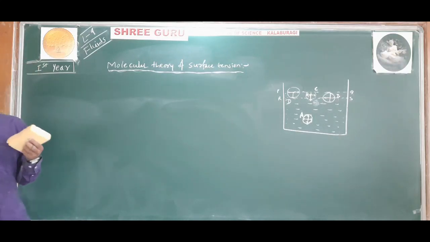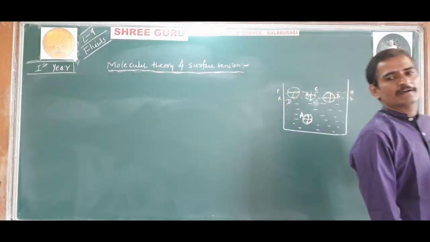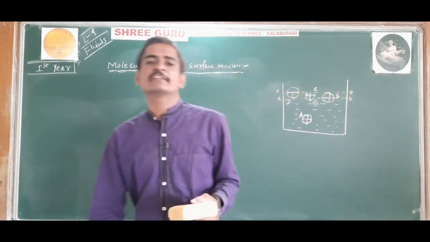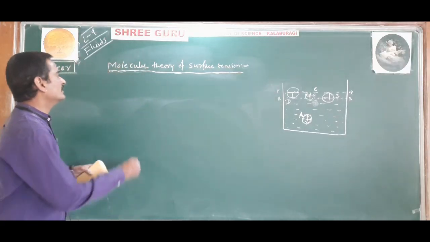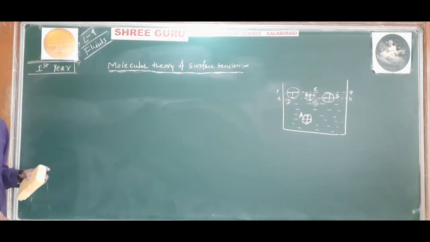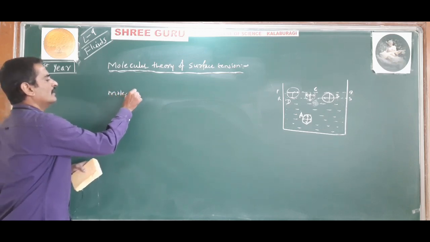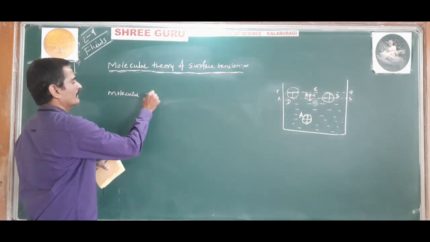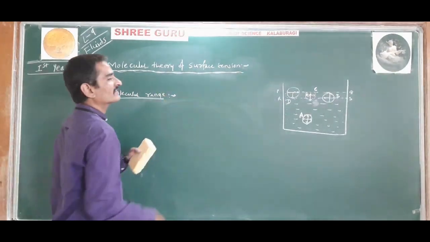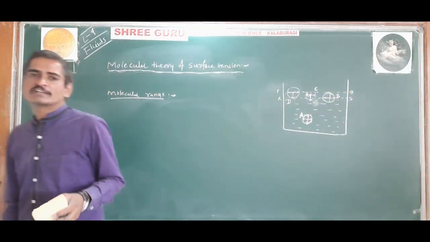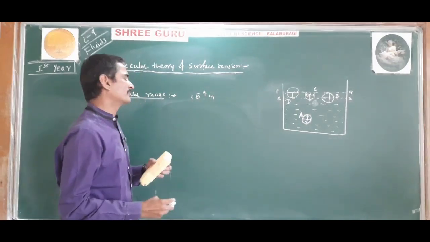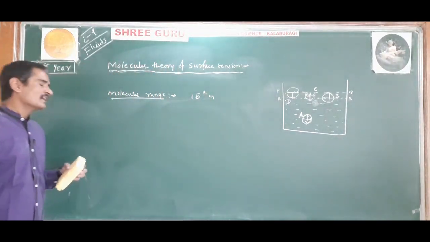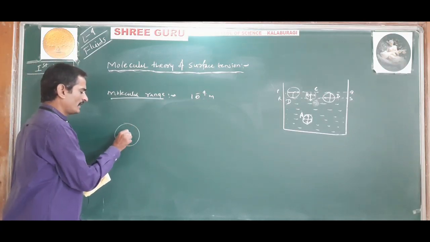The maximum distance up to which the force of attraction between two molecules is appreciable is called the molecular range, and it is of the order of 10 to the power minus 9 meter in the case of solids and liquids.